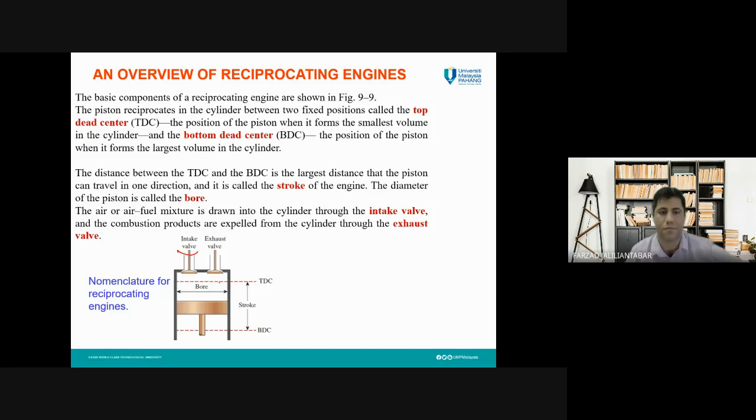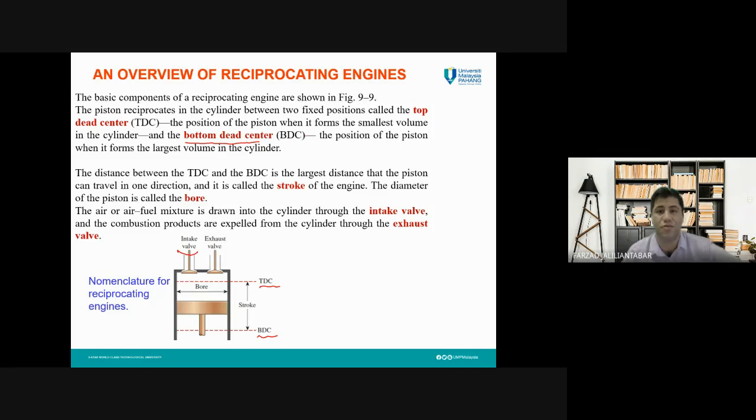And it has a cylinder piston which can move between two different positions. We call them TDC, the top dead center, and BDC, the bottom dead center.